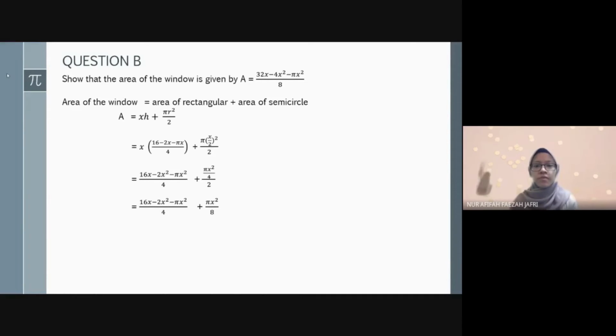So we will get like this. As we can see, the denominator from the left side and the right side is the same. We can simplify to get the final answer. As we can see, our final answer is the same as the question. So it means it's shown. So that's all from me. Thank you.